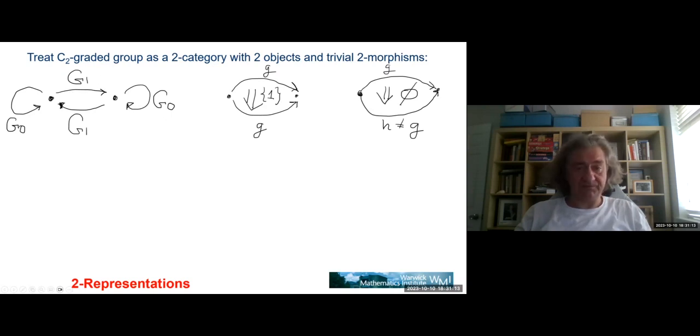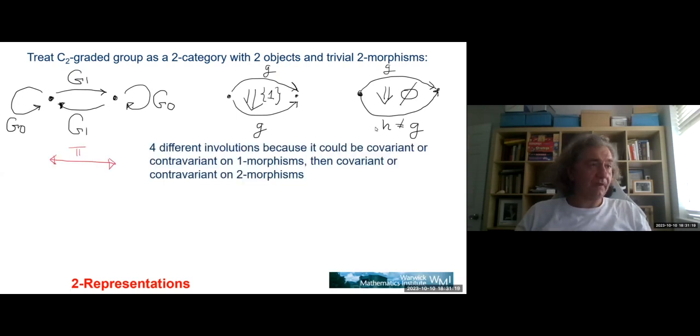And all two morphisms are trivial. As before, there are four different involutions. There are no two morphisms here, but still you can think of it as a contravariant on two morphisms. So this category has four different involutions because it could be covariant or contravariant on one morphisms, and covariant or contravariant on two morphisms.